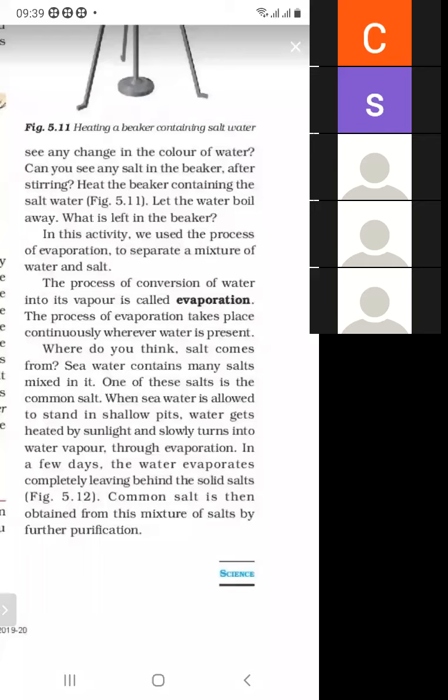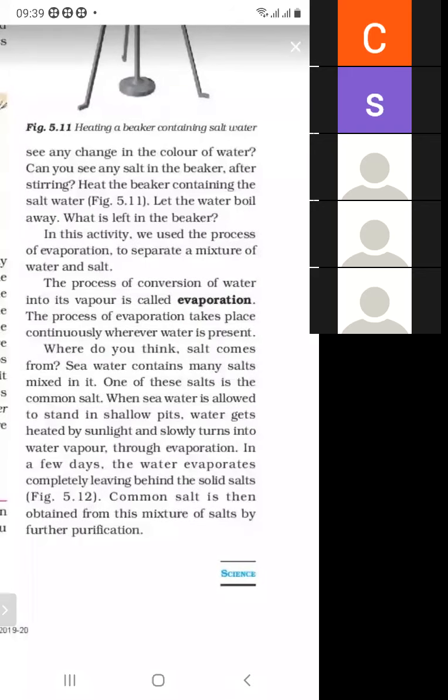So when seawater is heated, what is left remaining? When seawater is allowed to stand in shallow pits, the water gets heated by the sunlight and slowly turns into water vapor through evaporation. What is present in the seawater?